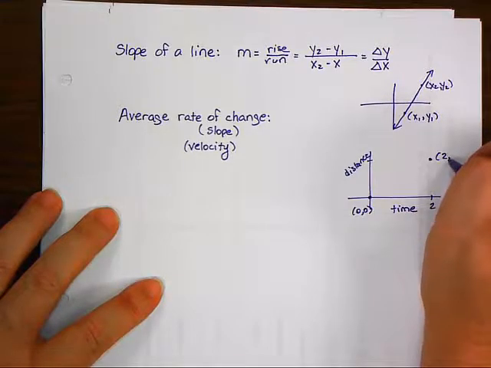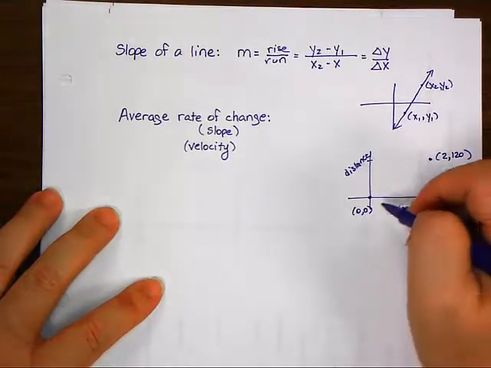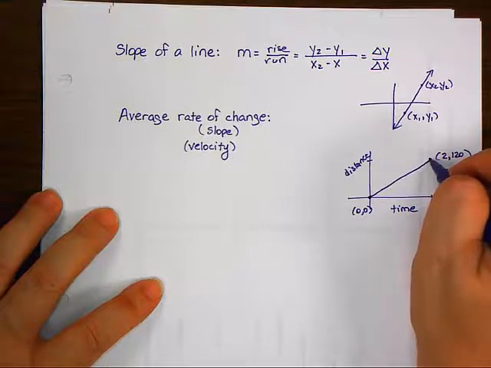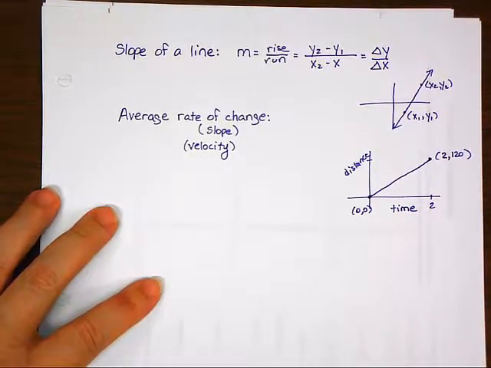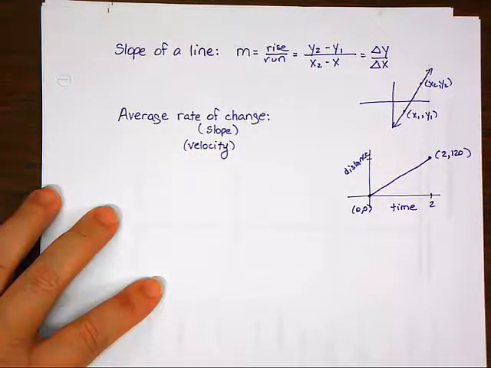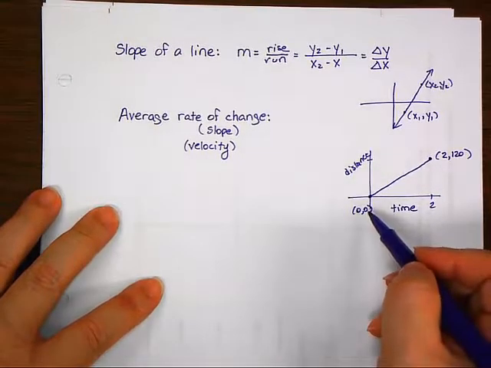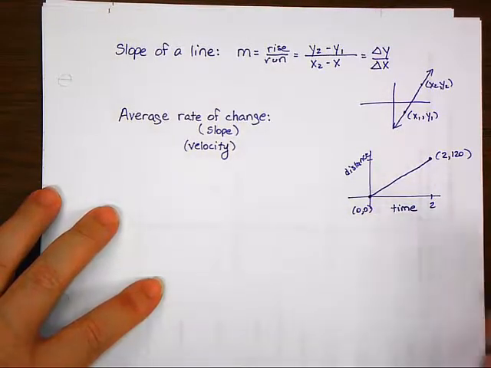So this is the point 2, 120. The slope of that line would tell you how fast you were going on average, right? How fast would you be going on average? 60 miles an hour. 120 minus 0, 120 over 2 minus 0, which is 2, 60 miles an hour.